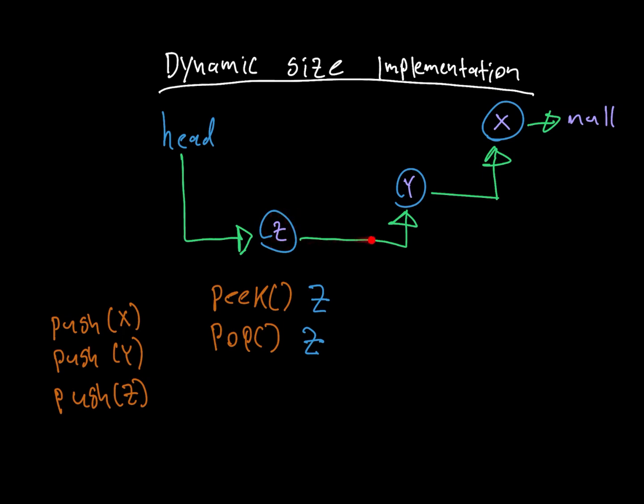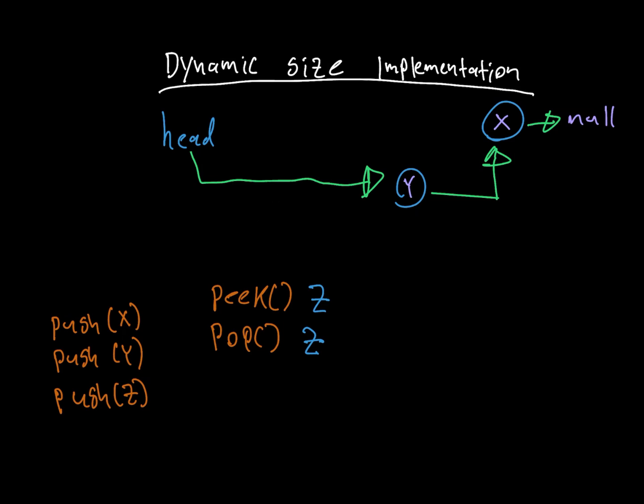It's Y. So what are we going to do? We're going to update head to point to that node. And then for our purposes, we could treat node Z as if it's been deleted, and then you would return Z and do whatever you want with that value.